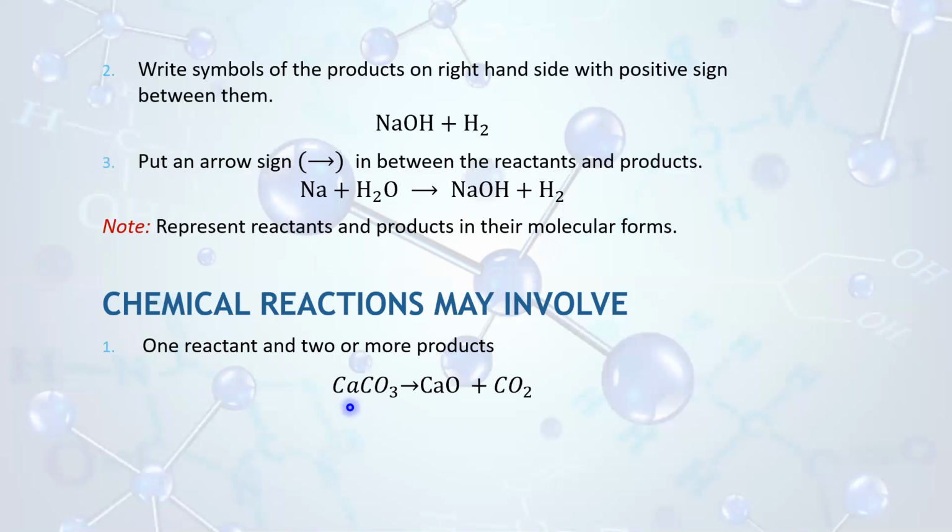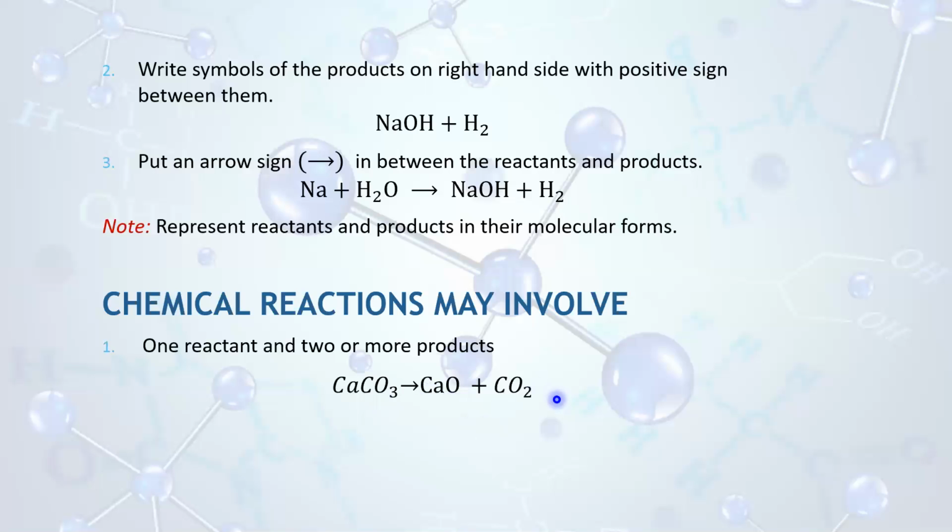On LHS, we have calcium carbonate, which is the reactant, and on RHS, we have calcium oxide and carbon dioxide. So, how many reactants here? Yes, one reactant, that is calcium carbonate. And how many products? Two products, calcium oxide and carbon dioxide.